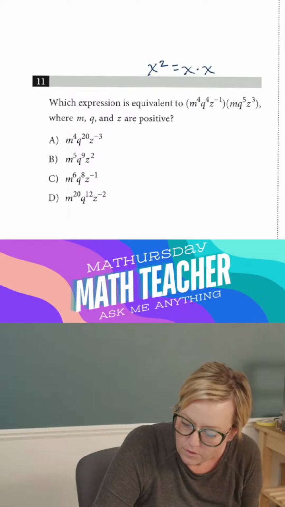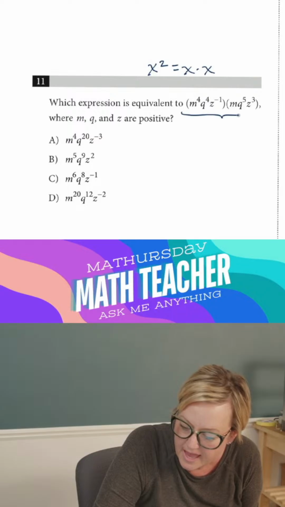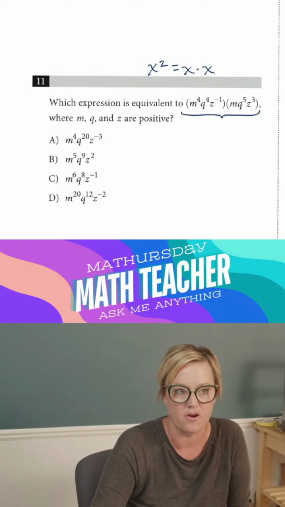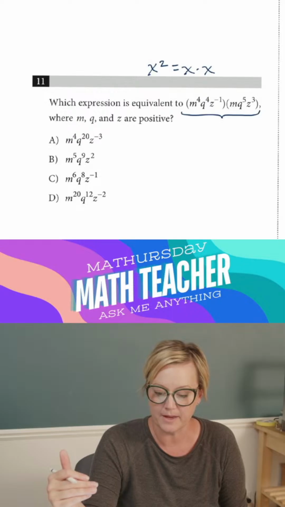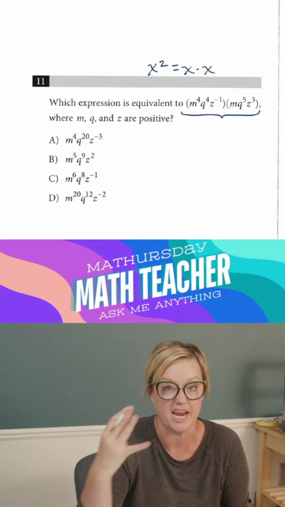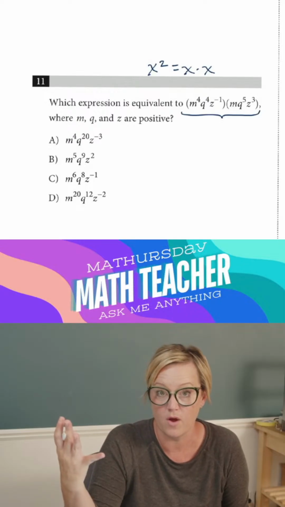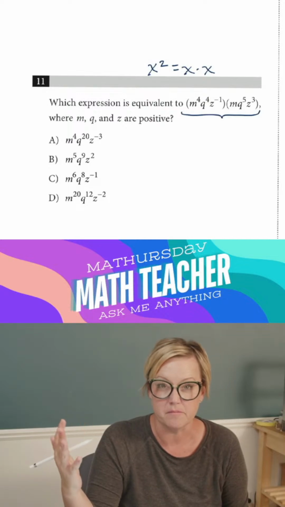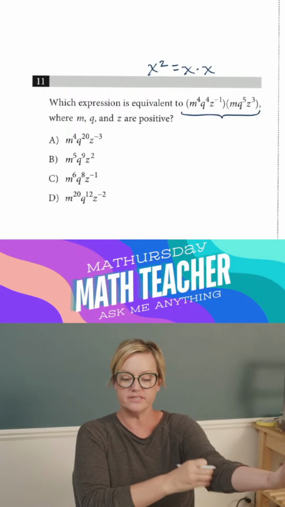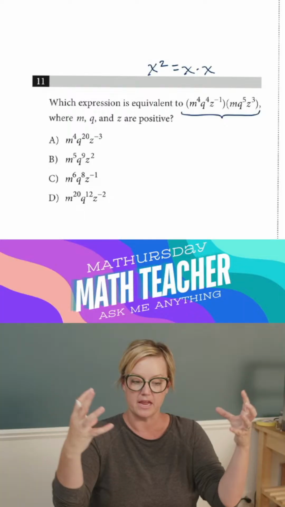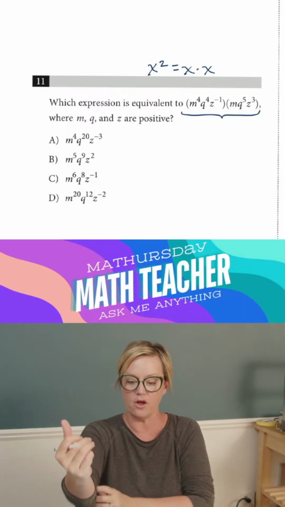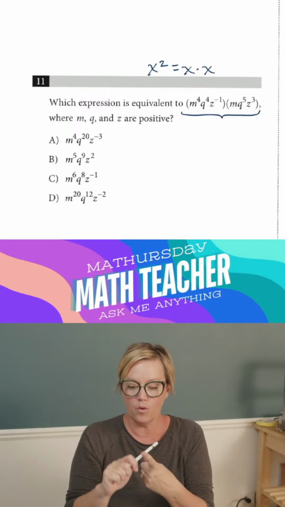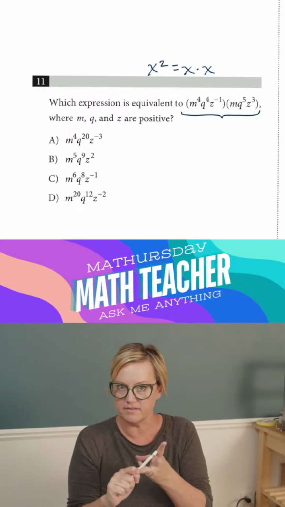So when I look at all of this, everything is being multiplied together. Since everything is being multiplied together, I can change the order however I need it to be. So I'm simplifying it down so I just have one of the M's, one of the Q's, one of the Z's.